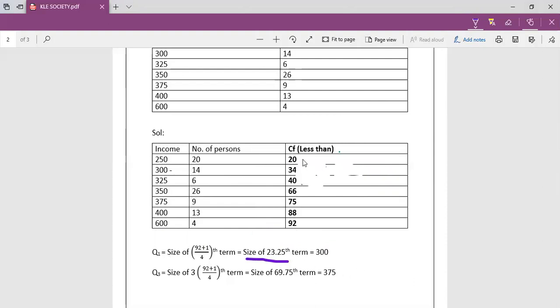So this term is after 20 but before 34. Since it is before 34, 23.25th term is going to fall somewhere here, and 300 is going to be your quartile 1 value.